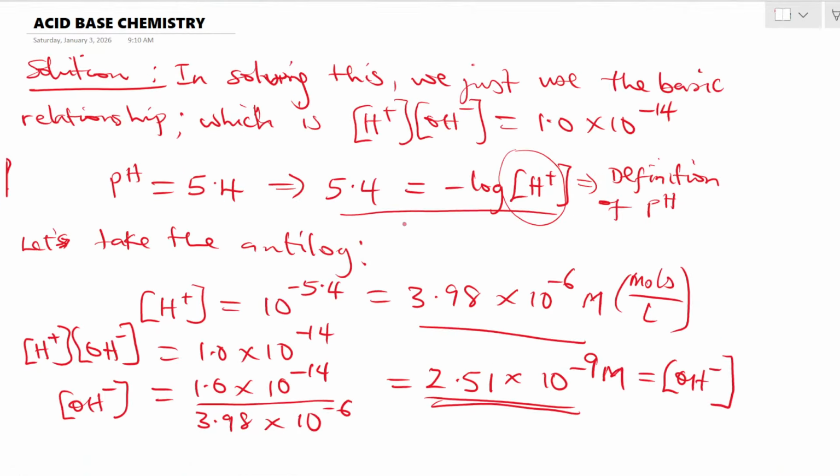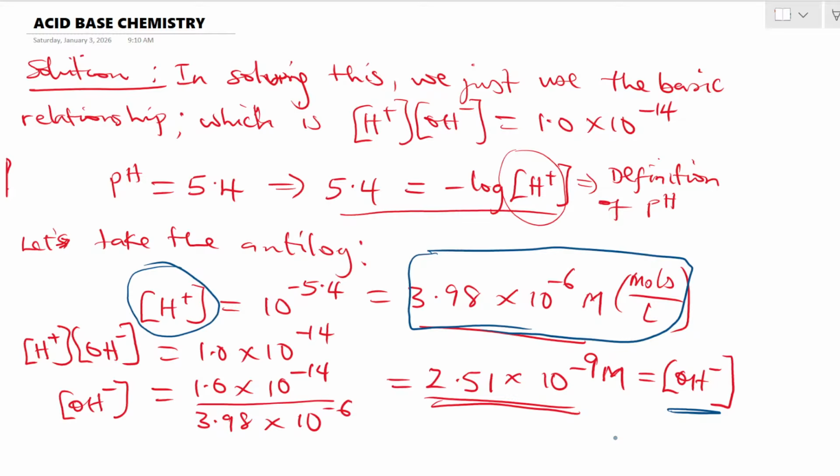When you do your division, what you now have is 2.51 times 10 raised to power minus 9 molar, and that is your hydroxide ion concentration. I do hope this is really clear.